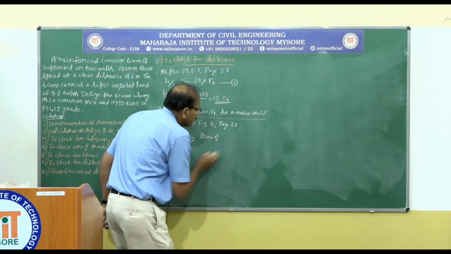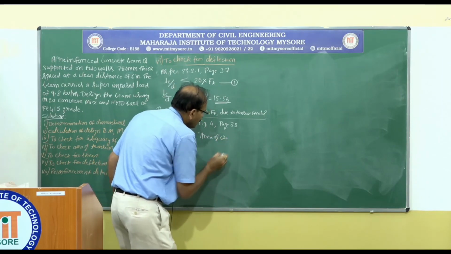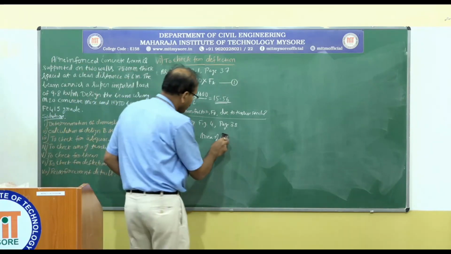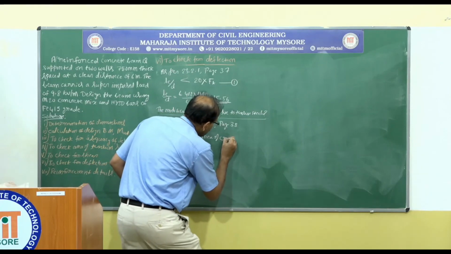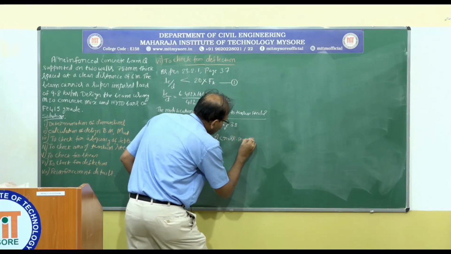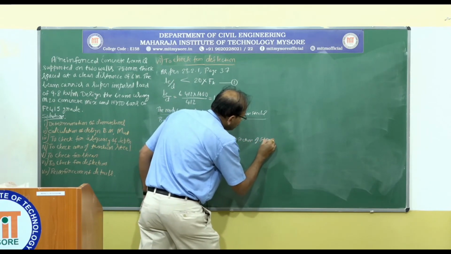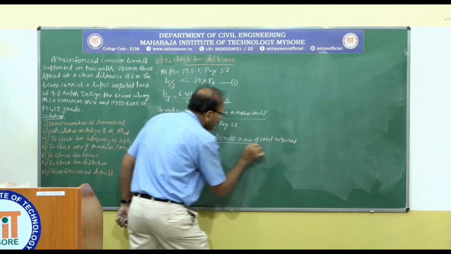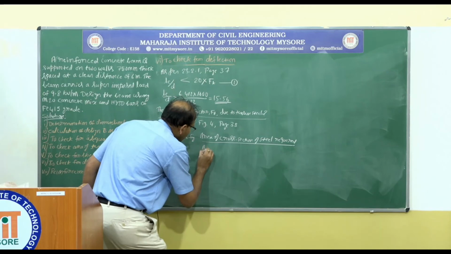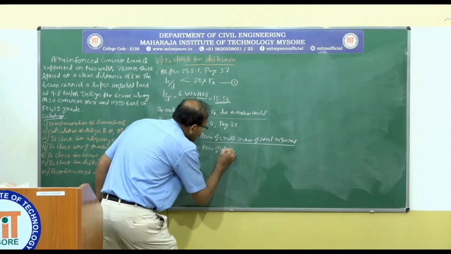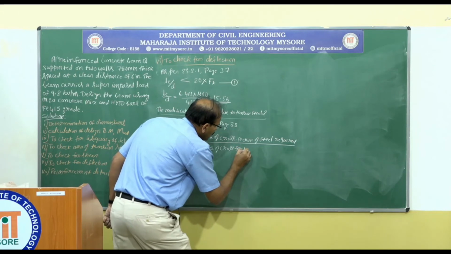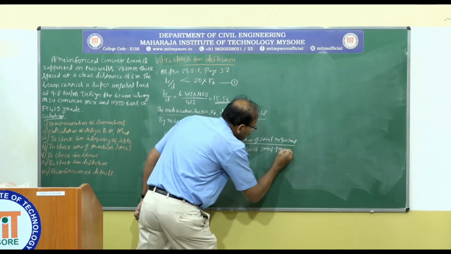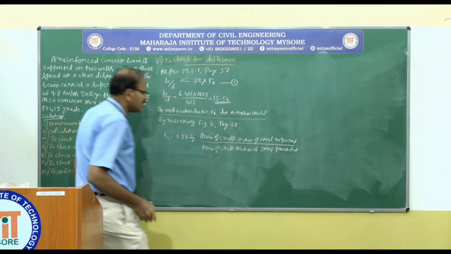Area of cross section of tension steel required divided by area of cross section of tension steel provided.